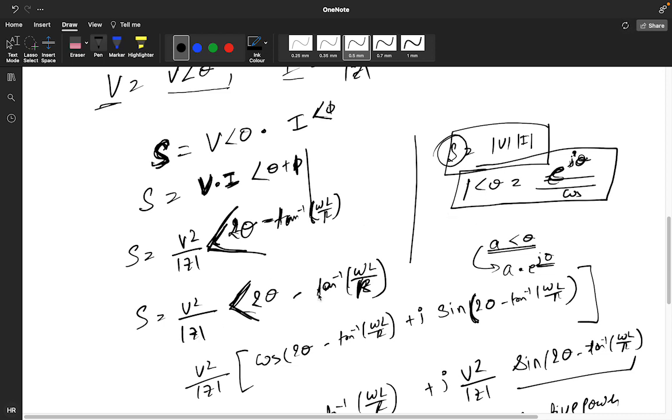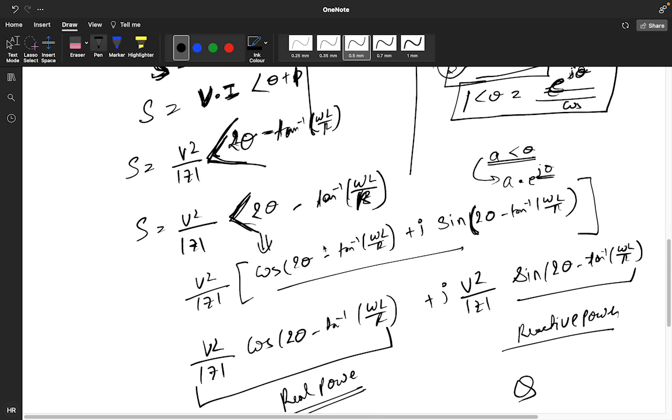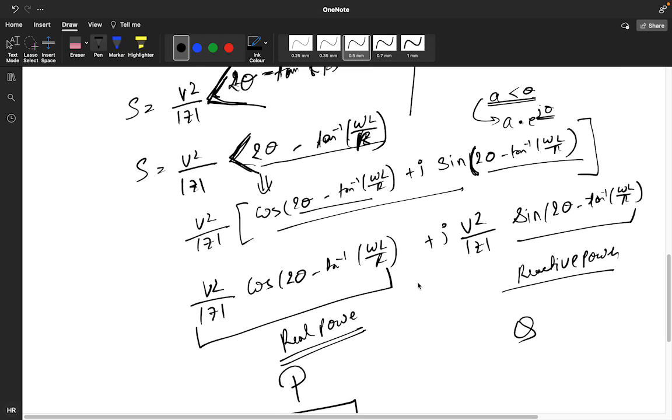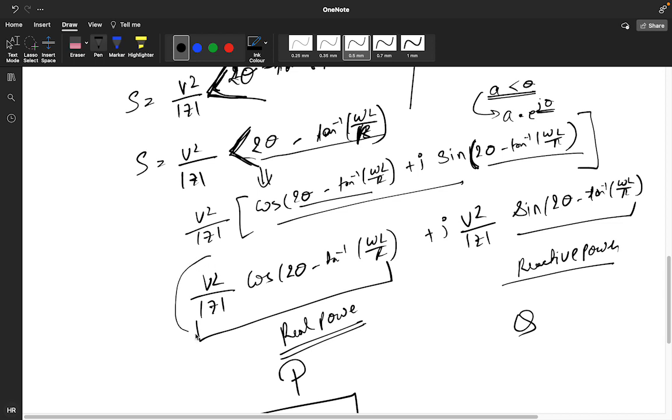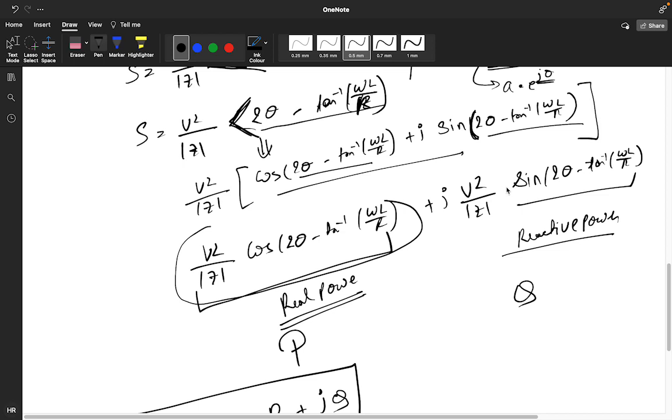So V square by Z we can represent in complex form, where the whole angle comes under the cos term and under the sin term. V square by mod Z cos of 2 theta minus tan inverse omega l by r is your real power, and j V square by mod Z sin of 2 theta minus tan inverse omega l by r is your reactive power.